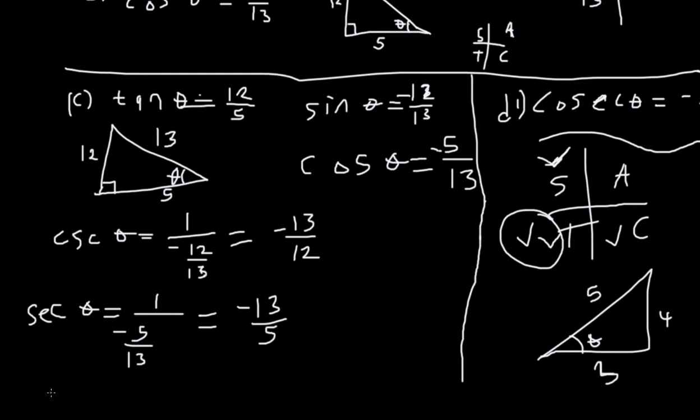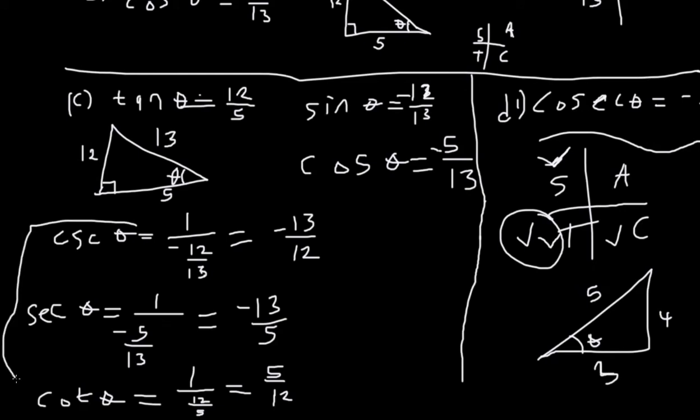Then you also find cot. Cotangent theta is equal to 1 over tan. My tan is 12 over 5, so my cotangent is just going to be 5 over 12. So on each and every question that we have solved, make sure that you also find these other trig ratios, which are cosec, sec, and cotangent.